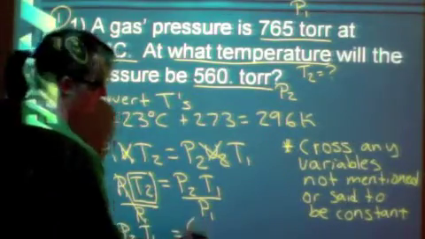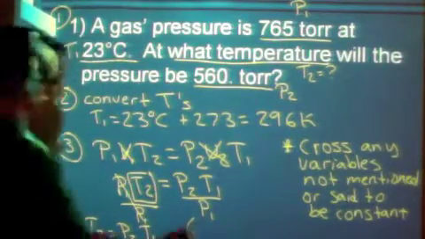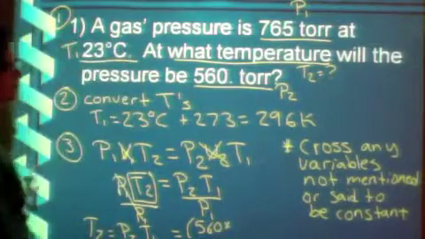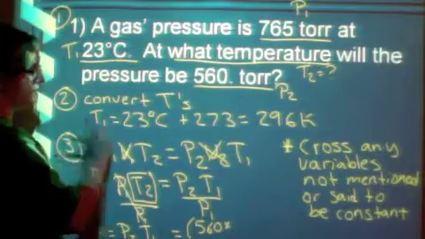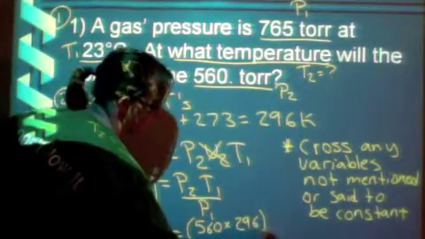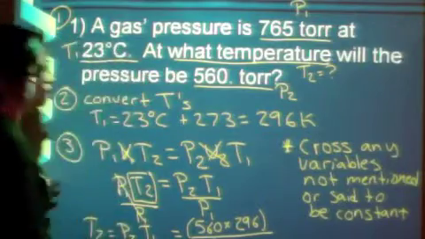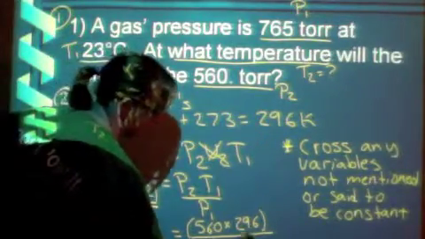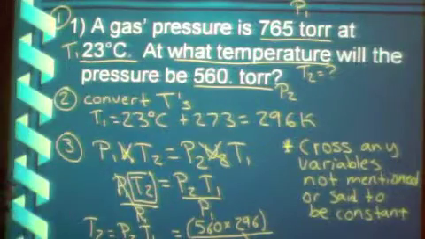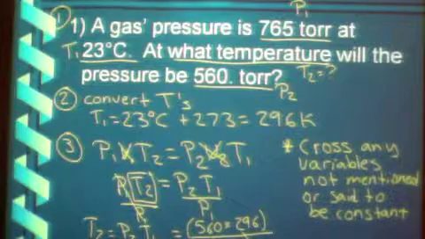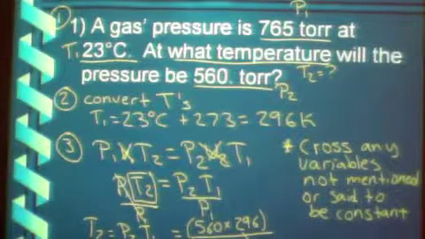Now all you have to do is plug it in. So our P2 is 560 times T1, which remember we have to use the kelvins, so 296, divided by our P1, which is 765. Now we are doing sig figs as well with this.